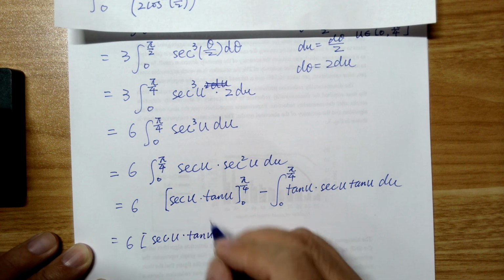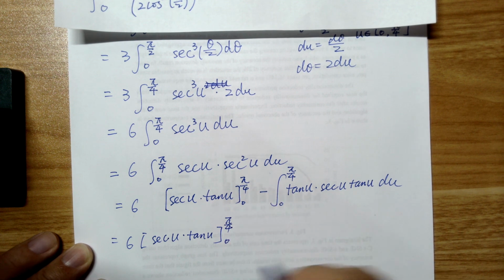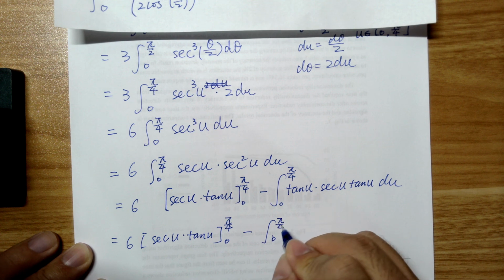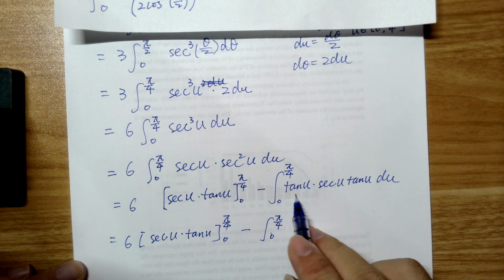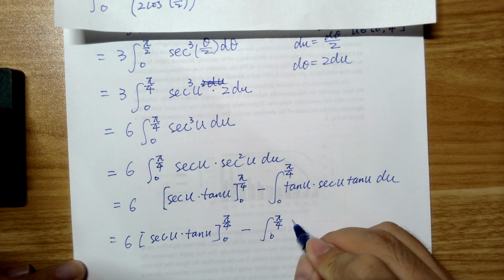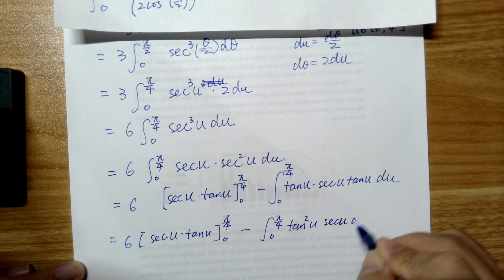It turns out it is pretty complex, I have to admit. And then minus the integral from 0 to pi over 4. And turns out that this is a tan square, right, times secant. So we have tan square u secant u du.